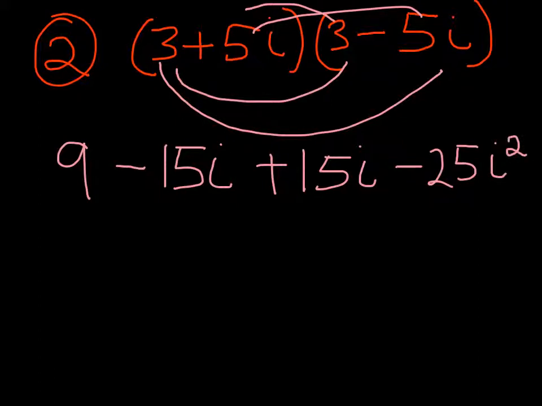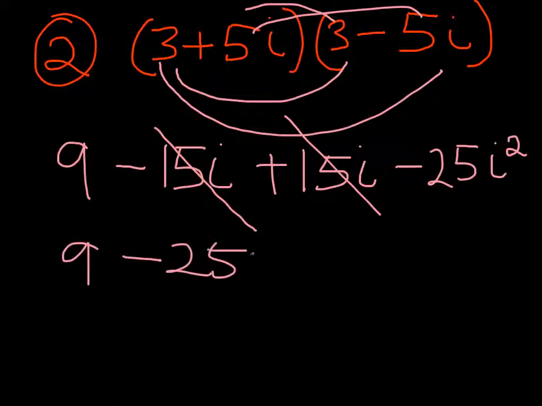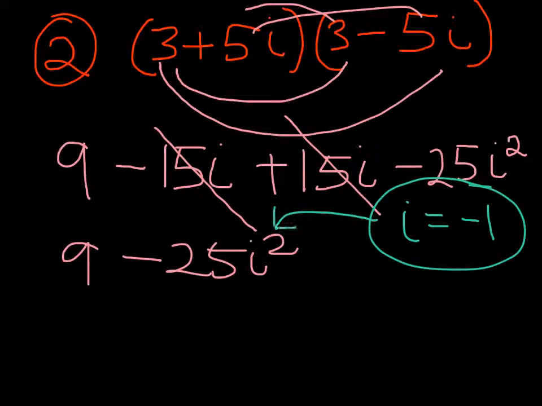If we combine like terms as far as we can, we end up canceling out both our 15i's because they cancel each other out. So we're left with 9 minus 25i squared. Going back to our rule where i squared equals negative 1, we can apply that to our equation.